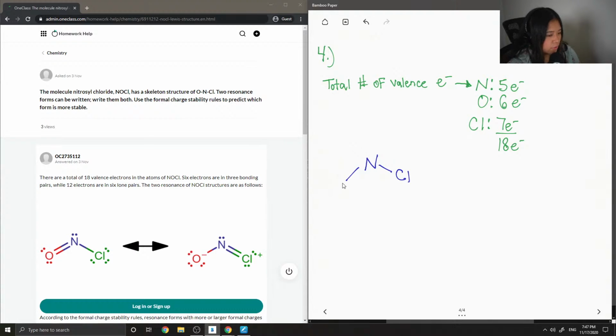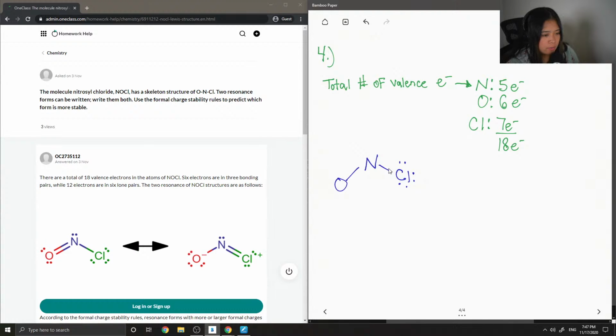Okay, so let's recall that for each bond, there are 2 electrons involved. So chlorine will have the one single bond with its 3 lone pairs.